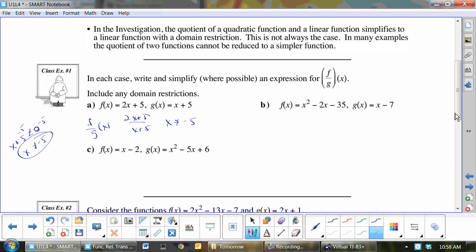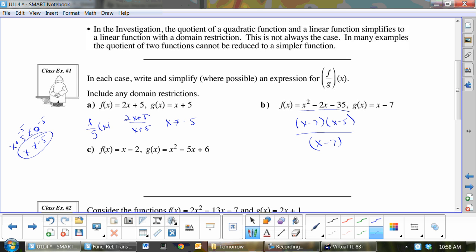This one here, can this be factored? Are there two things that add to negative 2 and multiply to negative 35? Close. Negative 7 and 5. So this is x minus 7, x plus 5, all over x minus 7.